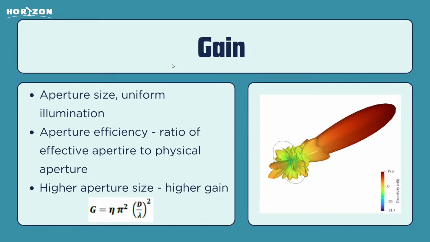The effective aperture area is the area of an ideal antenna that would capture the same power as the real antenna does. This expression indicates that an increase in the aperture size results in an increase in directive gain, and this can be understood intuitively since a larger dish collects and focuses more energy.